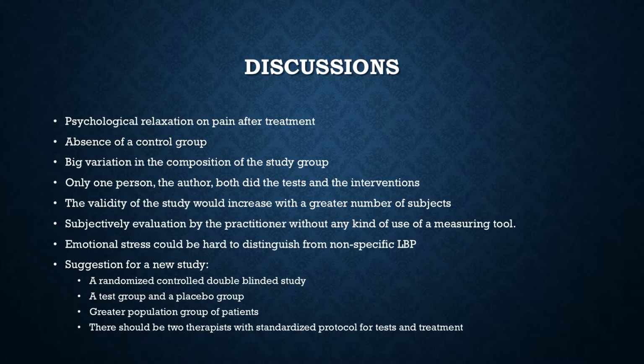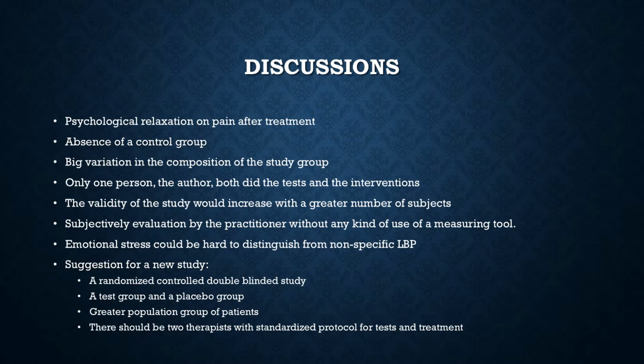Another bias was the correlation to the accuracy of reproducing the same study results, because the practitioner did both test and treatment sessions. Peterson-Håkansson mentioned that the validity would increase significantly proportional to more population.